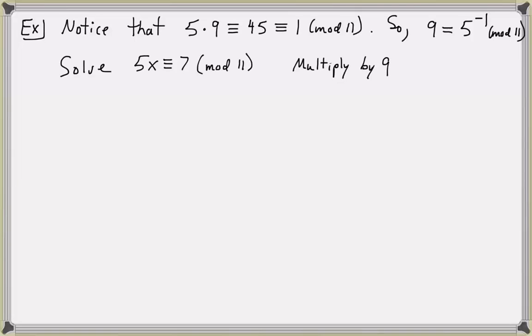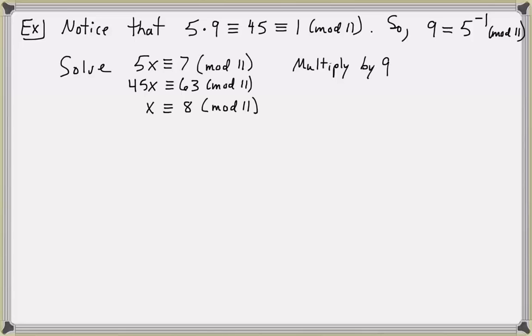So I see that 45x is congruent to 63 mod 11, but 45 is 1 mod 11, so I just get x on the left hand side, and 63 is 8 more than a multiple of 11, so x is congruent to 8 mod 11.